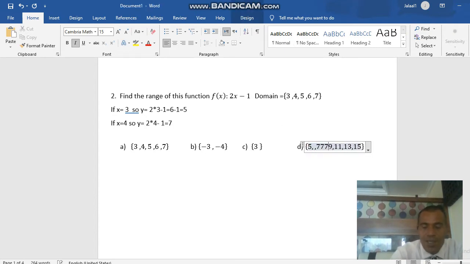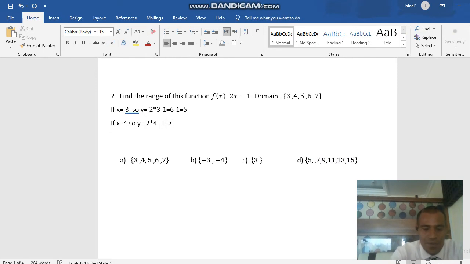Then if x equals 5, you replace x with 5 and calculate the value of y, which is 2 times 5 minus 1, equal to 9. You should continue like that until you finish the fifth value of x.